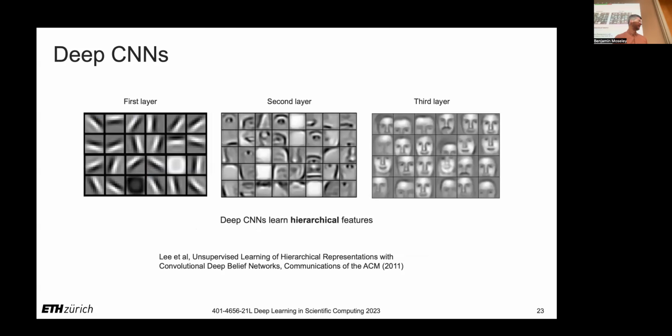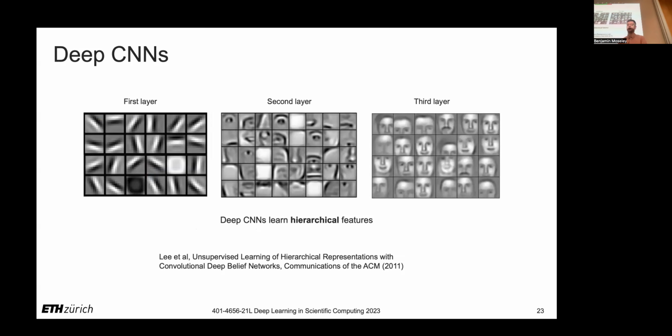Okay, so what we find is when you compose these layers together, I showed just a single layer there, but in practice, we're going to have many layers composed together. And if you train these CNNs on image classification tasks or image generation tasks, we see that the layers start to learn hierarchical features.